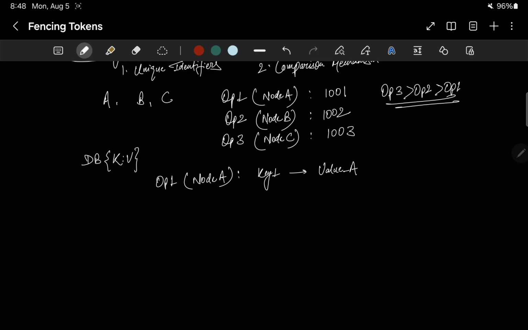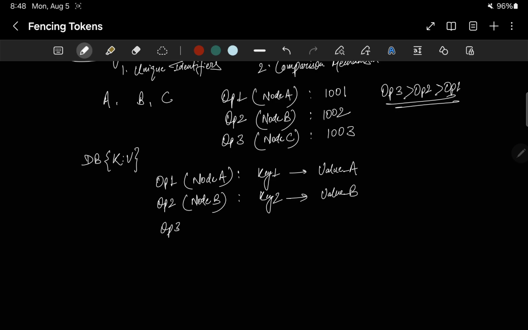It assigned the value of key 1 to value_A. Next comes operation 2. It is performed by node B, and what it does is it updates the value of key 2 to value_B.